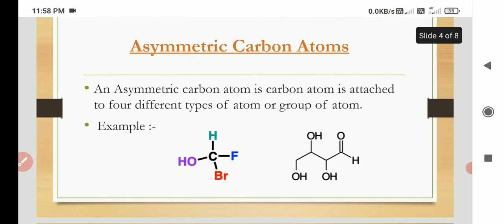Firstly, asymmetric carbon atoms. An asymmetric carbon atom is attached to four different types of atom or group of atoms. Example, these are examples of asymmetric carbon atoms.